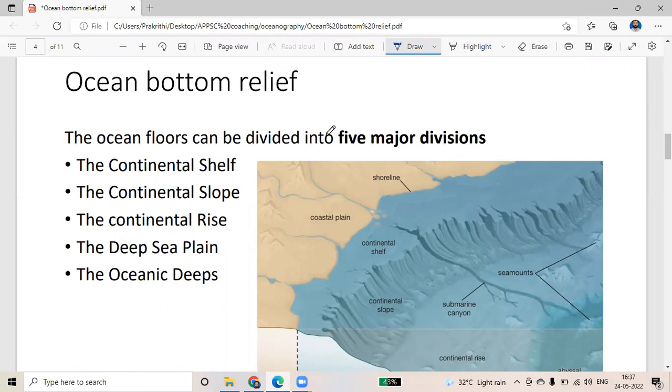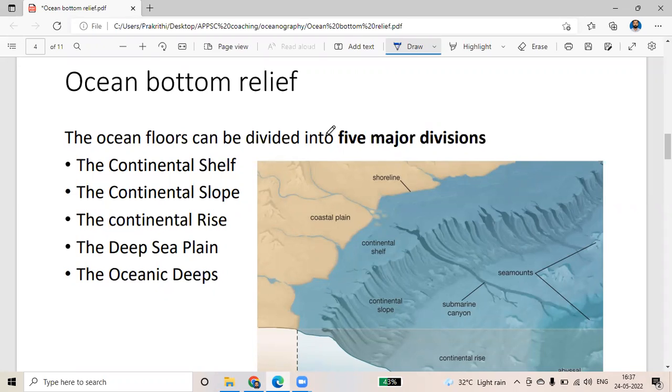But when you look, it is saying that the ocean floors can be divided into 4 major divisions. That includes the continental shelf region, continental slope region, continental rise region, then the deep sea plain and the oceanic deeps.